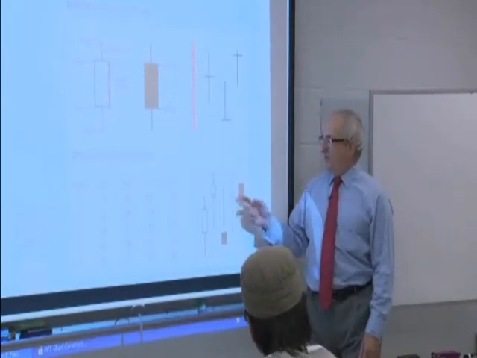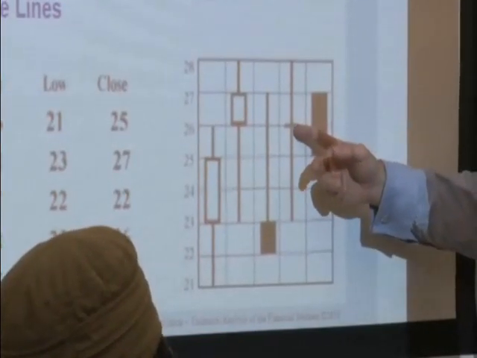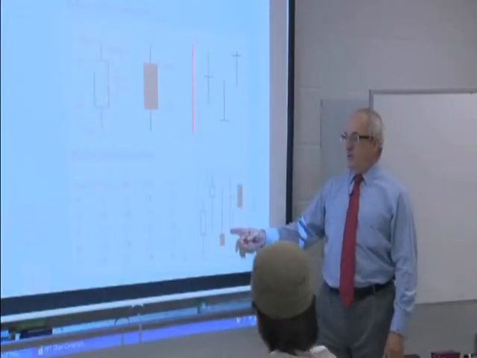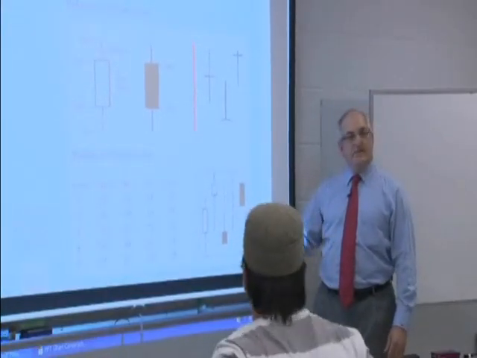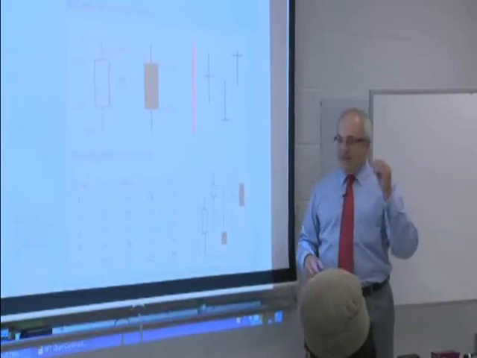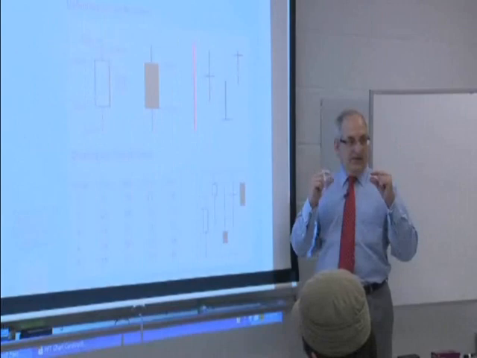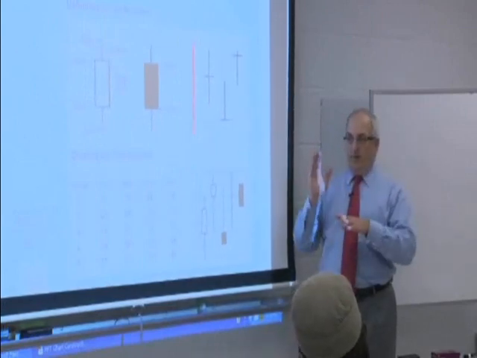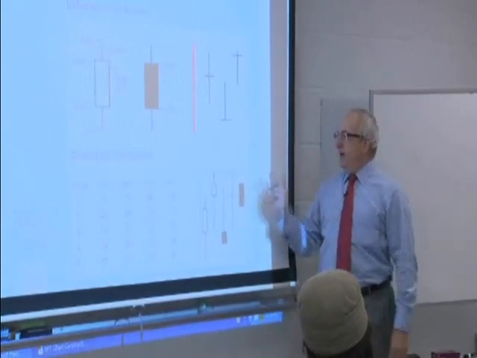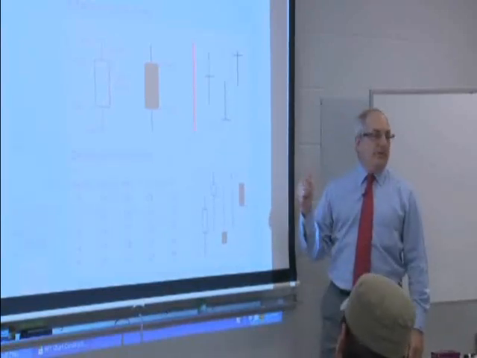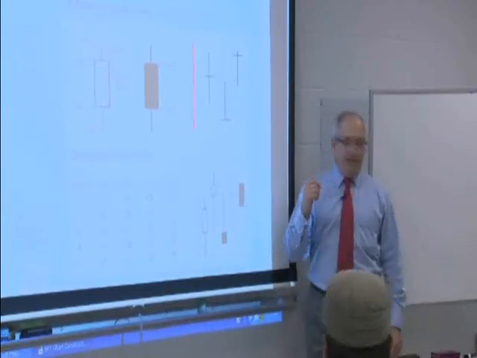It's very colorful, and this one's called the doji. Over the course of the day, the stock went much higher and much lower, but at the end of the day, people were willing to pay exactly what they were willing to pay at the beginning of the day. So although you have a big up and down in the middle, you have no change. You have a supply and demand balance for the day.